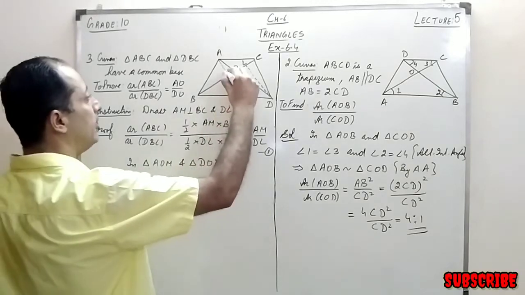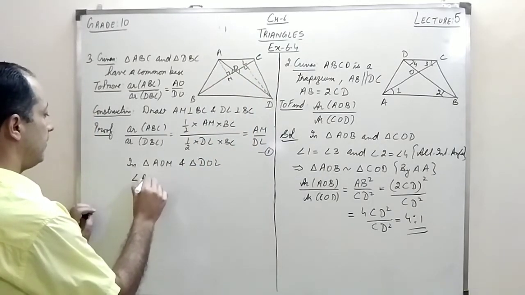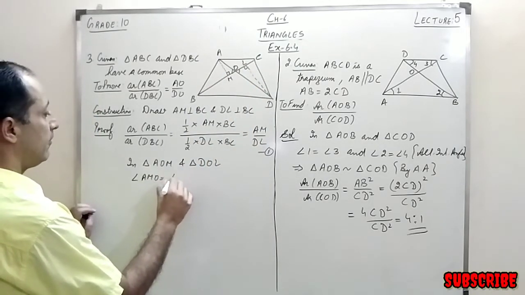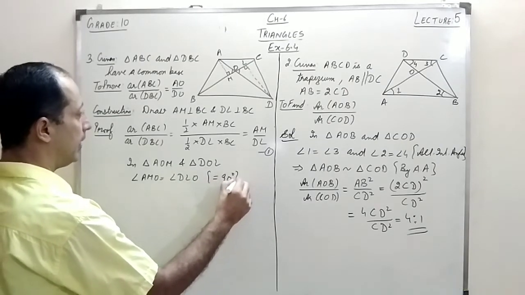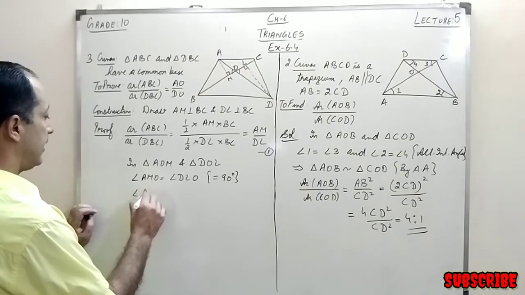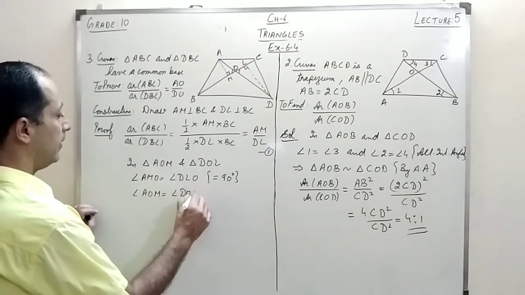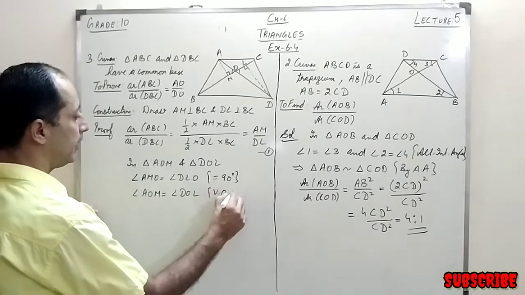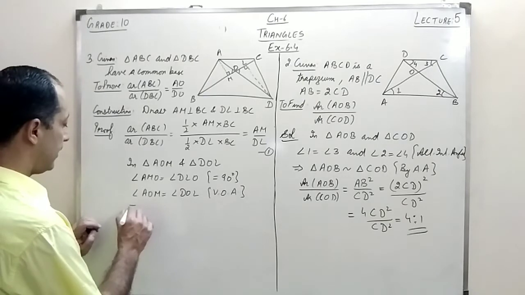Now these are perpendicular, so this is a 90-degree angle. So I write angle AMO is equal to angle DLO, and these are both 90 degrees. What else? Angle AOM is equal to angle DOL, and these are vertically opposite angles. So this means that the triangles are similar.